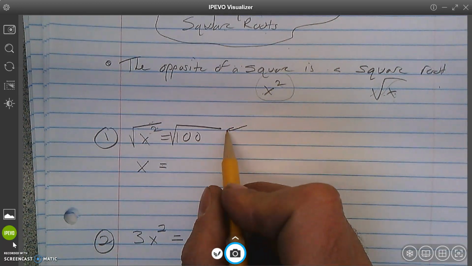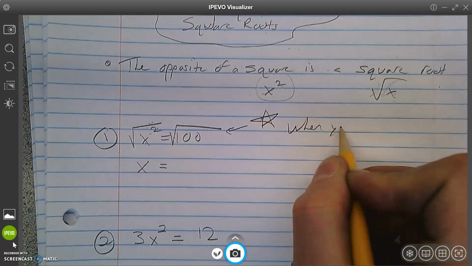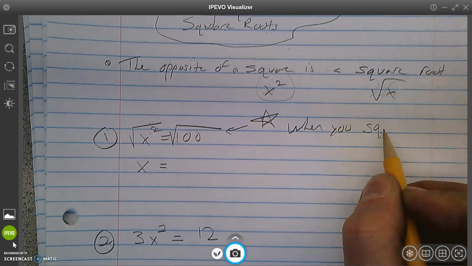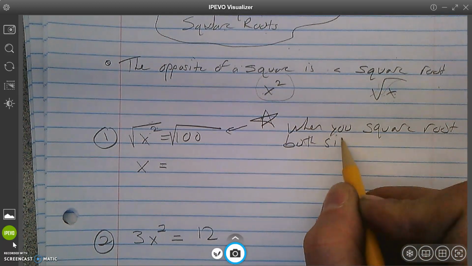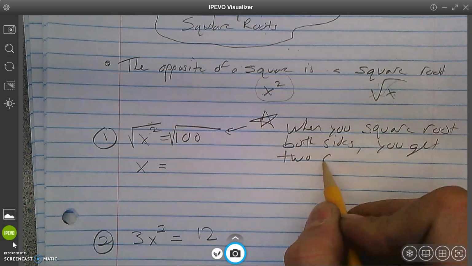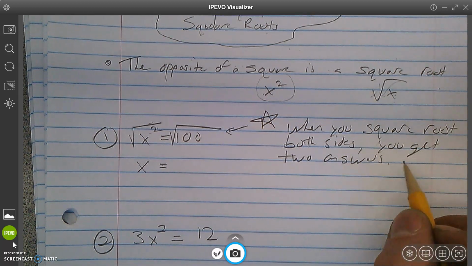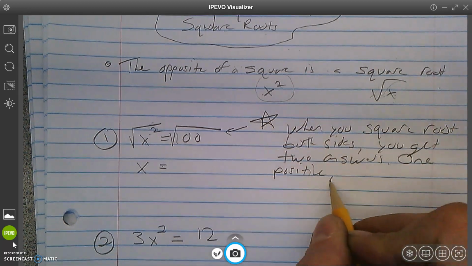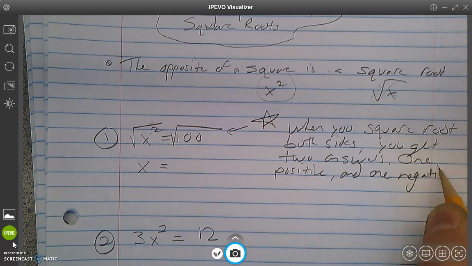Important information, star it: when you square root both sides, you get two answers, one positive and one negative.